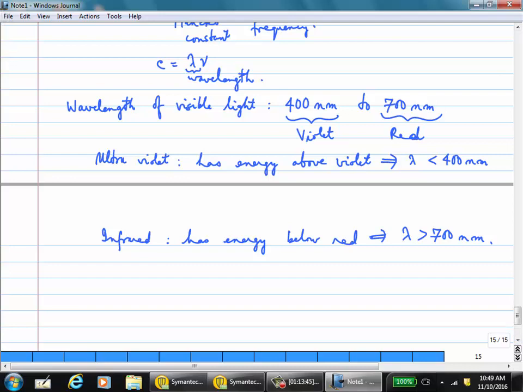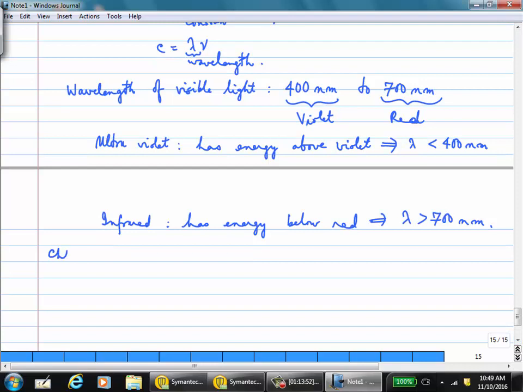Now, if you look at light absorption by chlorophyll, that's the green pigment molecule that you find inside the chloroplast. It has got two peaks in its absorption spectra. One of them is at 430 nanometers, which is actually blue, it's close to blue.